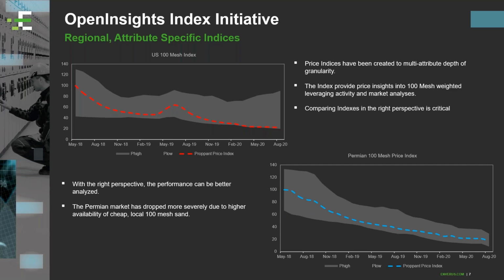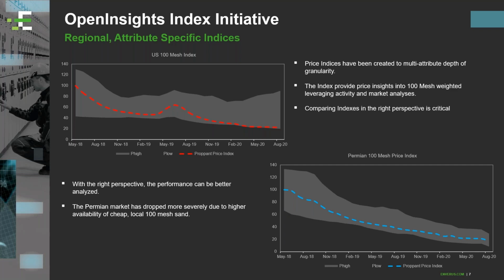Yeah, thanks for that, Akash. There are a couple of things happening here, and it's really interesting when you put it in context. The key thing is what you said, that this is activity weighted, right? So the US index seeking towards the bottom puts into perspective the fact that the Permian has played such a huge role over the last 2 years.